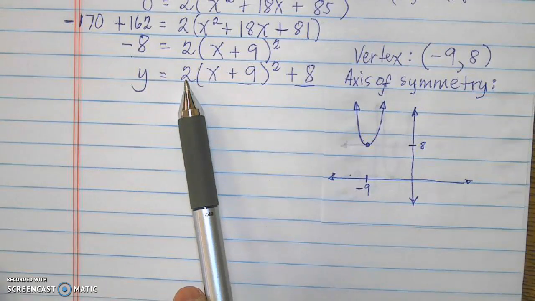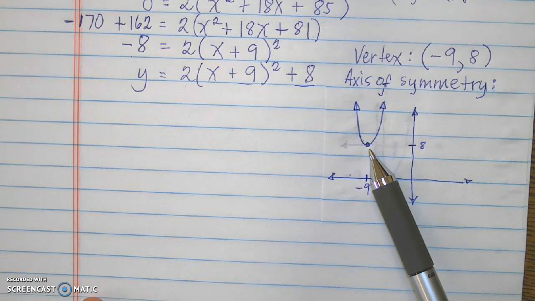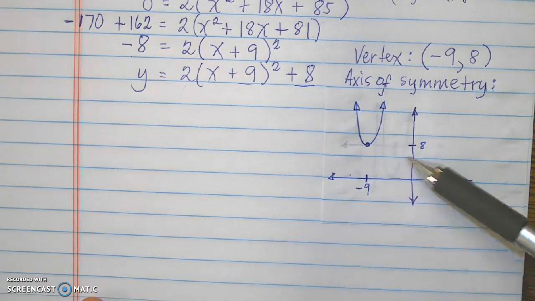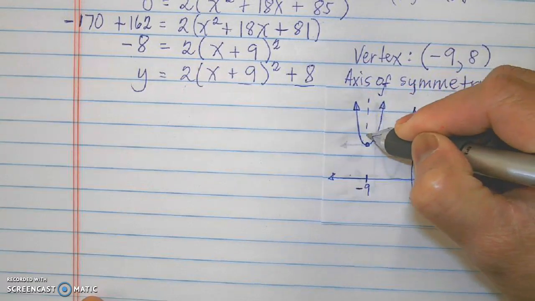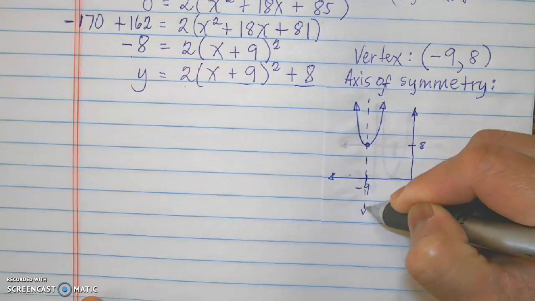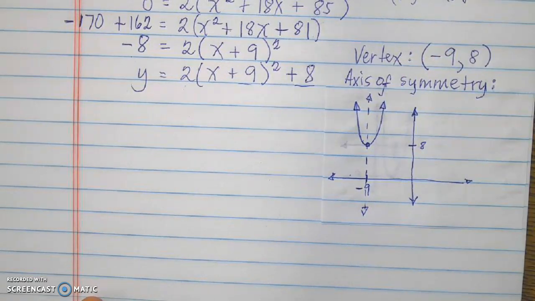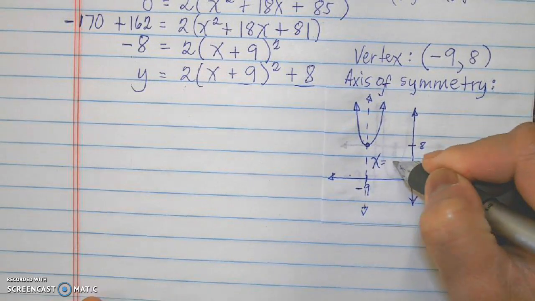And the way to know that is when your a is greater than positive 1. So this is how roughly my graph looks like. And the way to get the axis of symmetry is, from the vertex, you have negative 9, 8. The axis of symmetry is the vertical line that crosses the vertex. So your equation is going to become x equals negative 9.